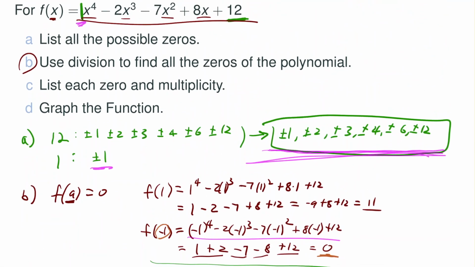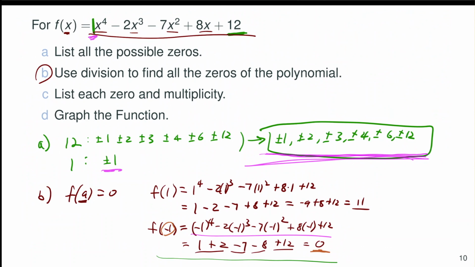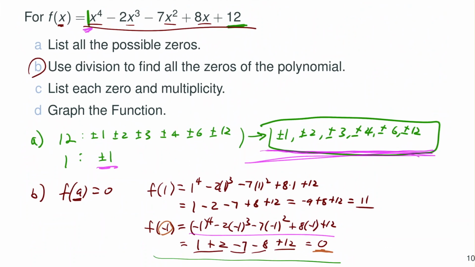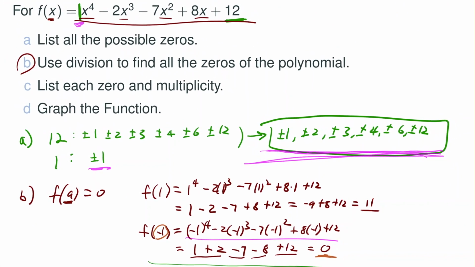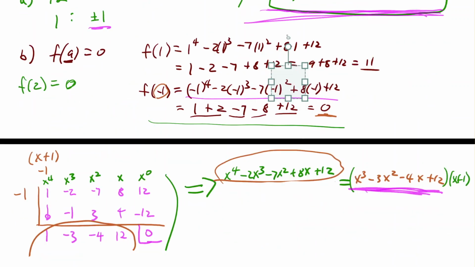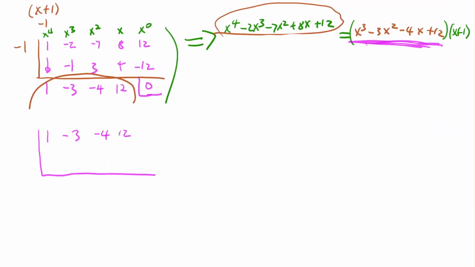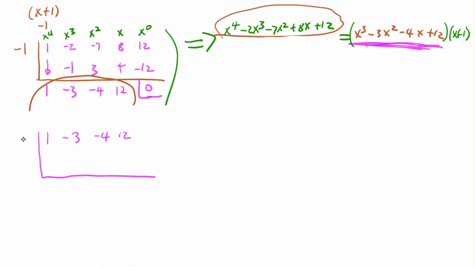If I plug in, for example, f of 2, I actually get 0. If you try yourself, if I plug 2 here and simplify, I get 0. So that means 2 works. So I can synthetic divide by 2.